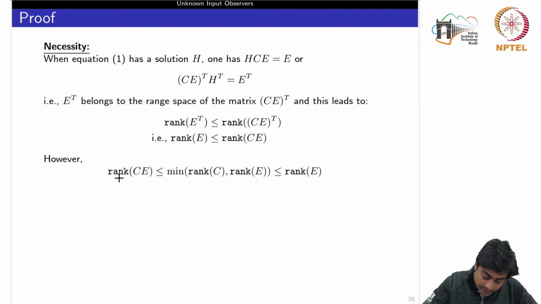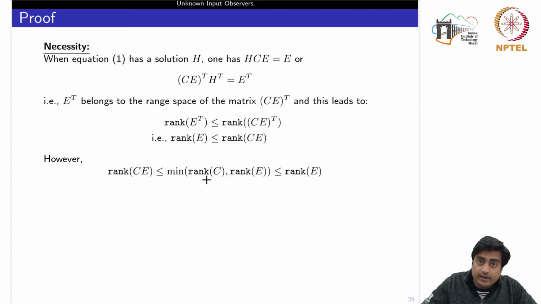However, the rank of this matrix CE should be less than or equal to the minimum of rank C and rank E.